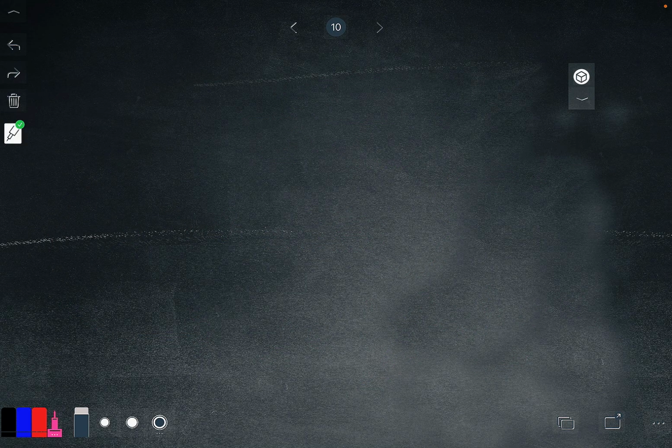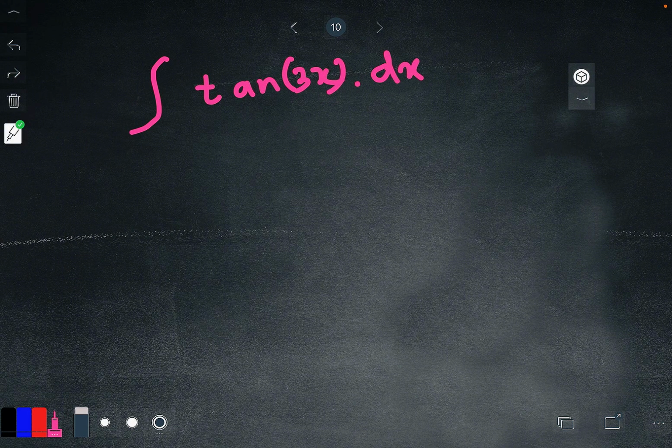Let's see one more example. Let's try to find the integral of tan 3x. Students, tan integrals are very common and there are two clean ways. First way, let's convert the tan into the most intuitive form.